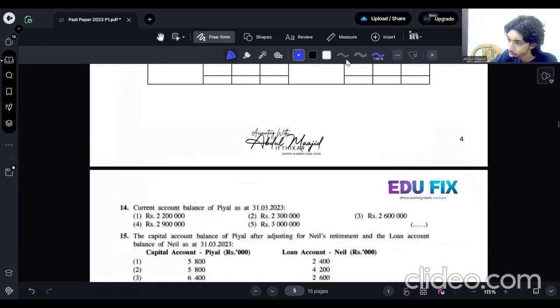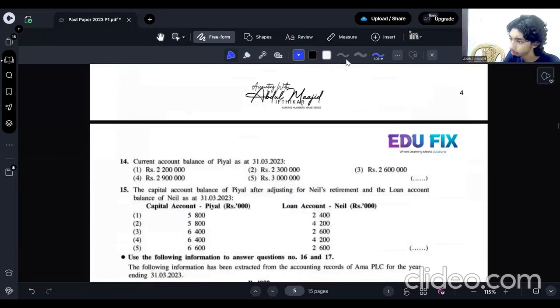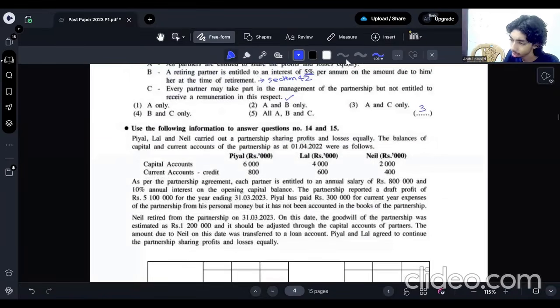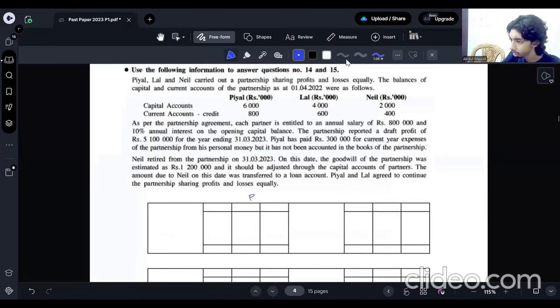Questions 14 and 15: current account balance, capital account, loan account balance of PL. Here they have given capital and current account balances. What we can do is prepare the partners' capital account and partners' current account. So we have PL, Lal and Neil.